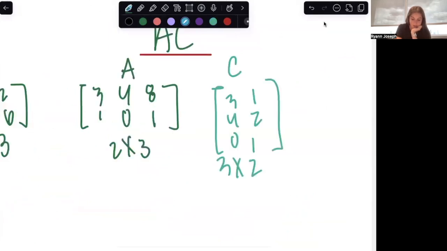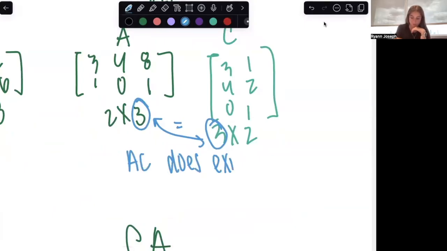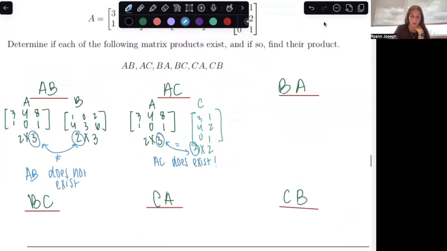I compare the inner numbers, 3 and 3. They are equal. That means AC does exist. So we're going to come back and solve for the AC product after we do all of these.